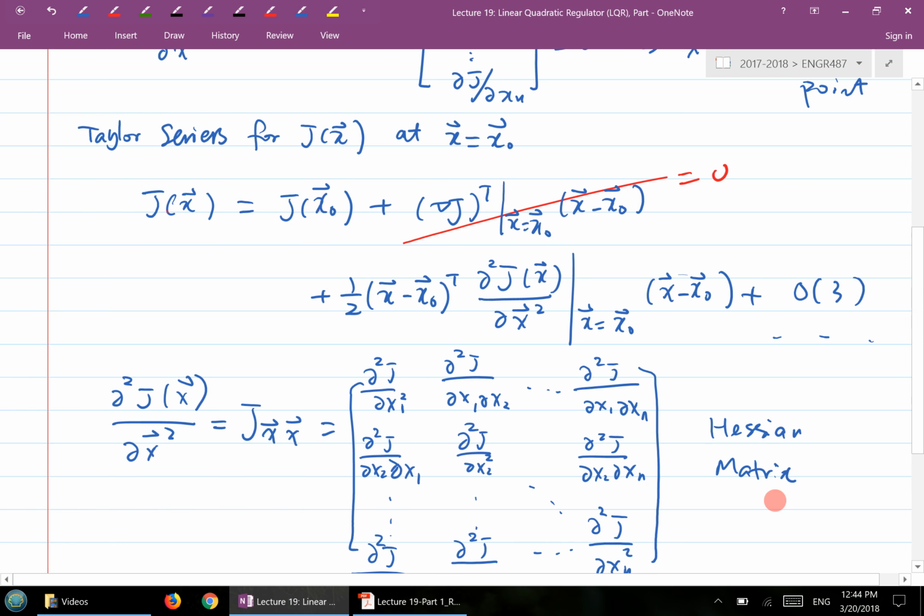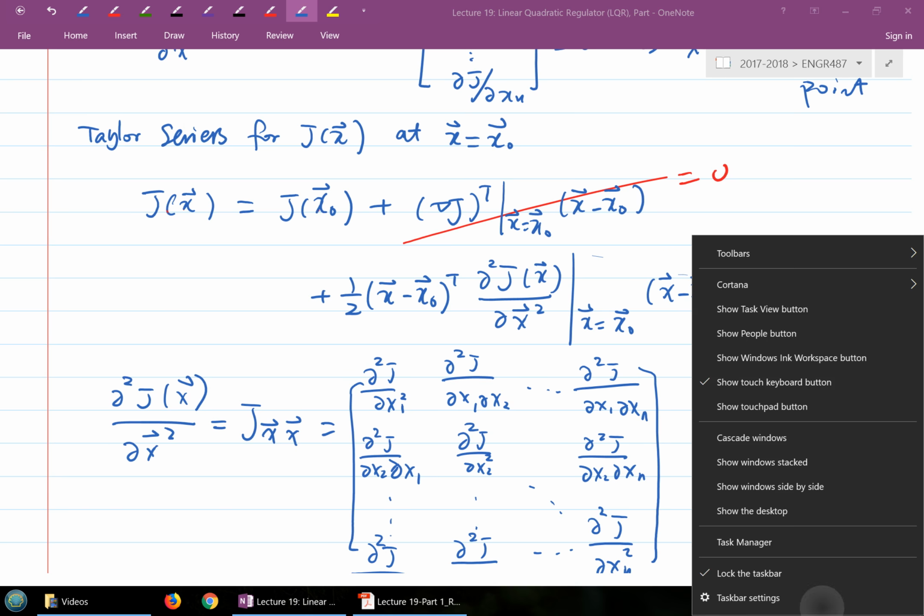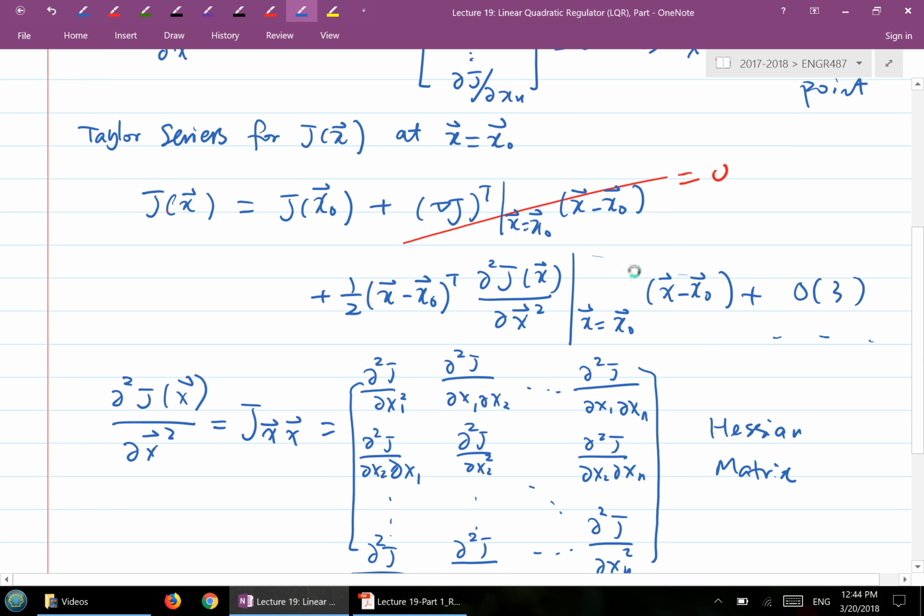But that depends on this term being greater than 0. That makes sense? So the sign of this term, whether it's greater than 0 or less than 0, determines whether this x naught is a minimum location or a maximum location. So the whole second order term, the sign here, determines the minimum or maximum value for J.